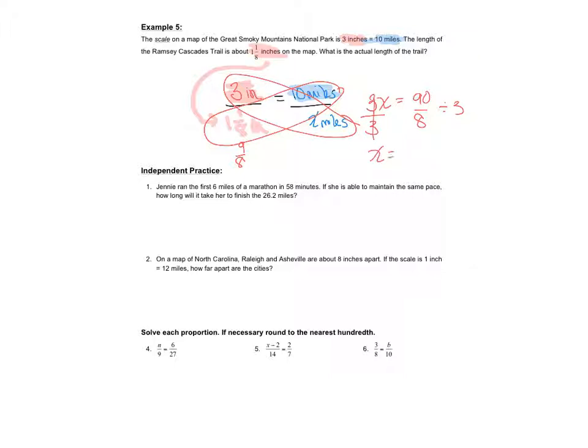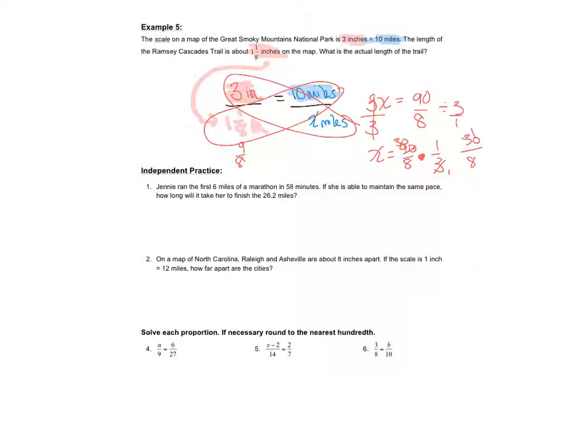And x equals, we don't divide fractions, we multiply by the reciprocal, so 90 over 8 times 1 over 3. And I can cross simplify. Notice when you're multiplying, you're not cross multiplying, that's with proportions. When you're multiplying, you're cross simplifying. So the 90 and 3, I can divide both by 3, and I get 30 and 1. And now I can multiply straight across. 30 times 1 is 30, and 8 times 1 is 8. So 30 over 8.